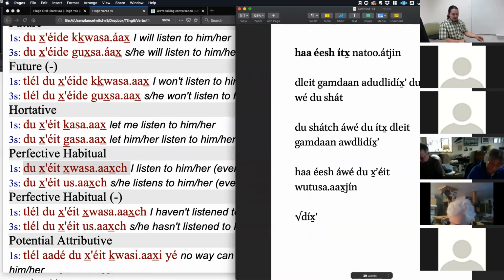And that can be interpreted in two different ways. Like he would talk and we would be actually listening whenever he talked. But it could also be interpreted as we always did what he said. We obeyed him. And again, we take this perfective habitual and we throw the in on the end.